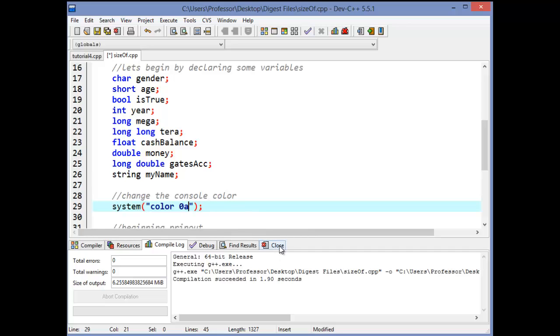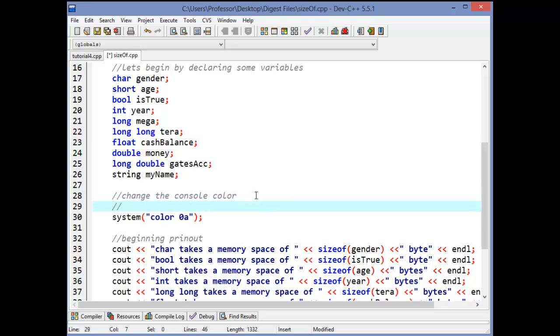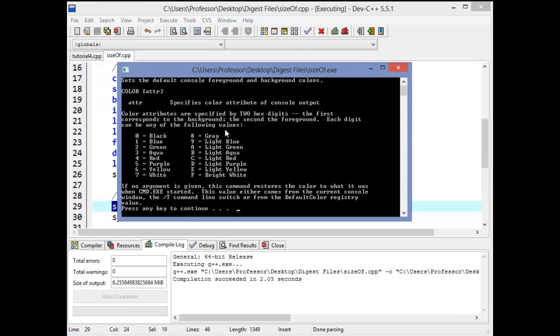Now in case you want to find out more about this console color thing, this is the code you have to run: color /? After writing your program, you can uncomment this, add it to your program, and let me show you what it will do. It will help you get all the colors and what they do.